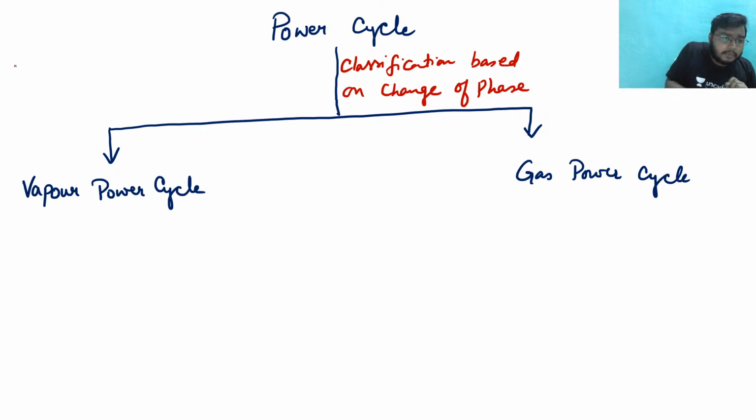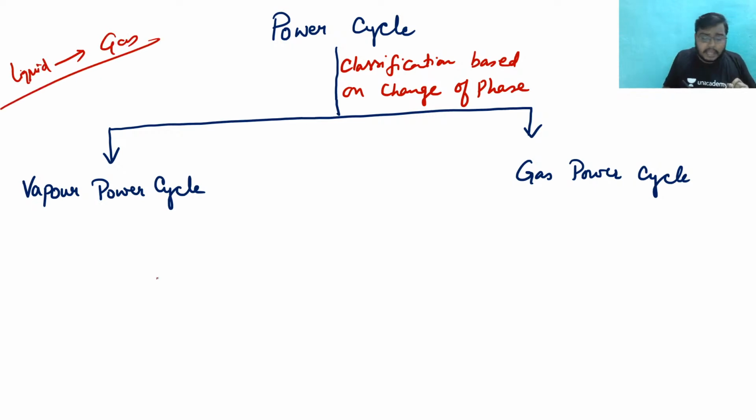Suppose this is a liquid, liquid to gas. This is the meaning of phase change. If it is solid, solid to liquid, phase is changing. Liquid to gas, phase is changing. So here, power cycle is classified based upon the change in phase, that is the vapor power cycle and the gas power cycle.